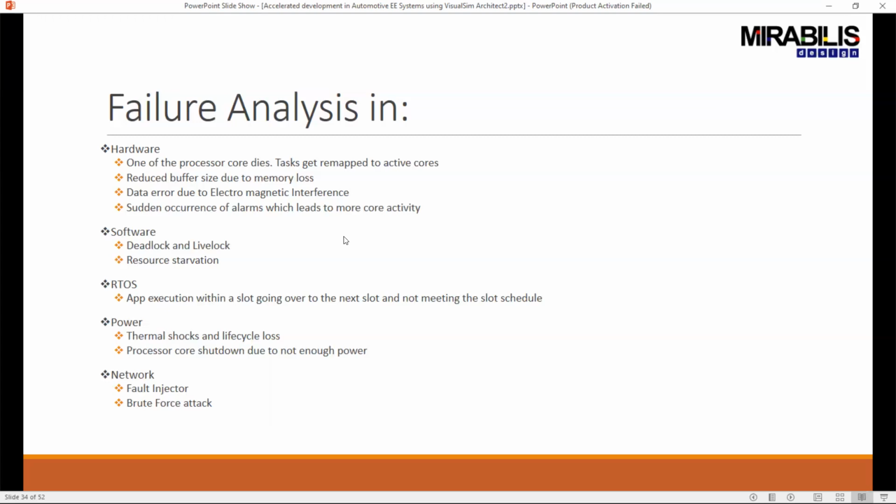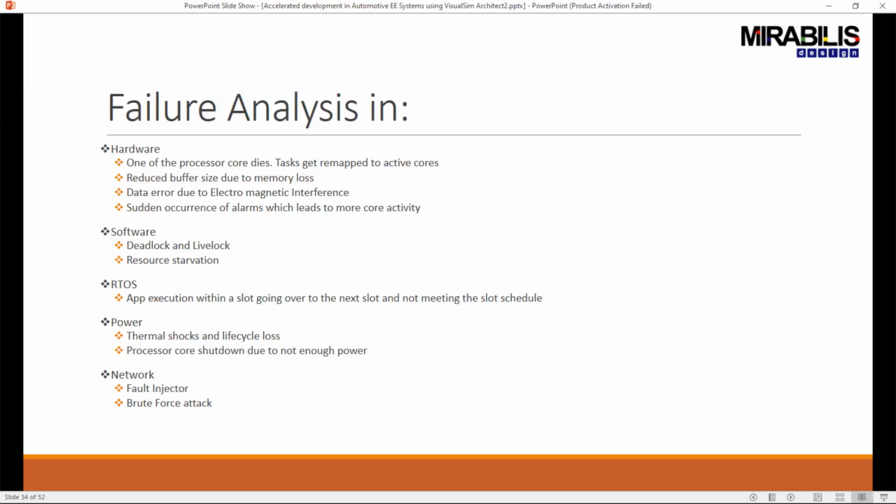Under the software test case, we will look at deadlock and livelock test cases and resource starvation examples. And for RTOS, we will look at when a slot has been run over, which means we need to disable some of the slots so that the time critical applications run without any issue.